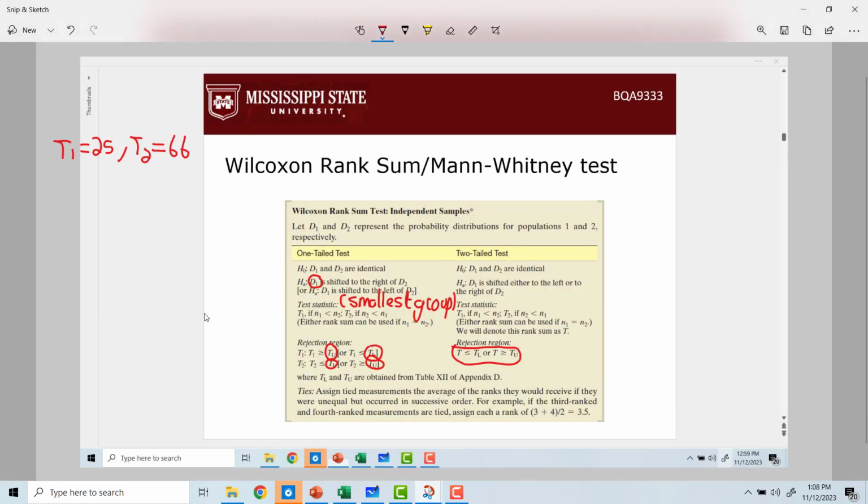Let's get the right one. Okay, so let's just do this whole thing and put it all together.